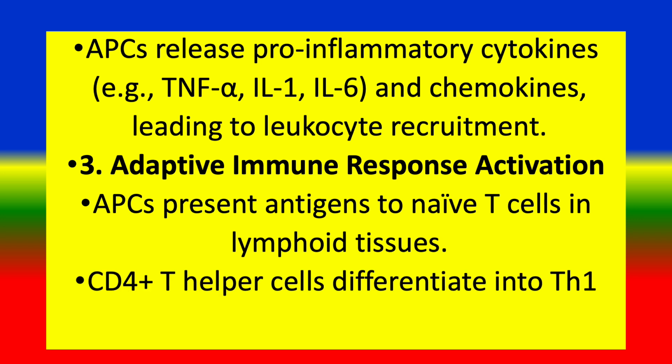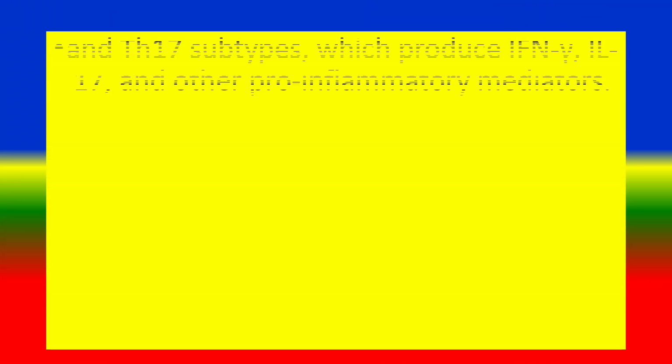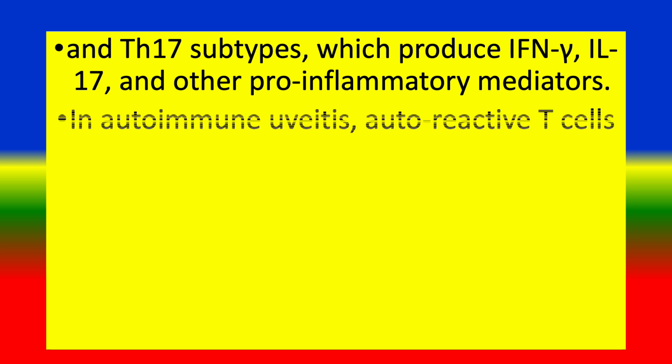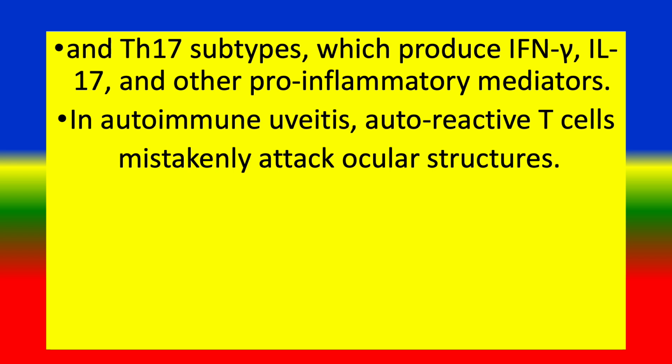CD4 plus T helper cells differentiate into Th1 and Th17 subtypes, which produce IFN-gamma and IL-17, and other pro-inflammatory mediators. In autoimmune uveitis, autoreactive T cells mistakenly attack ocular structures.